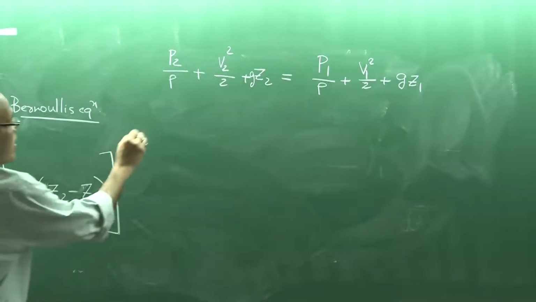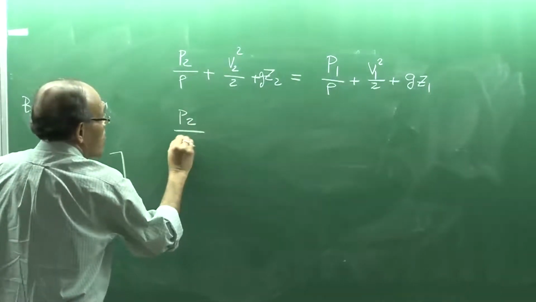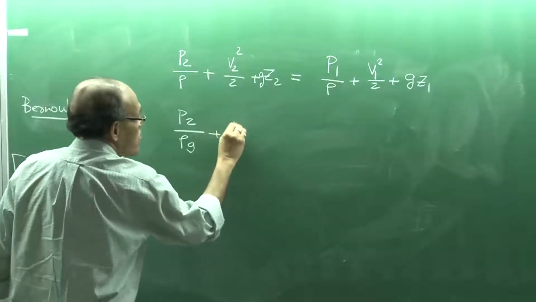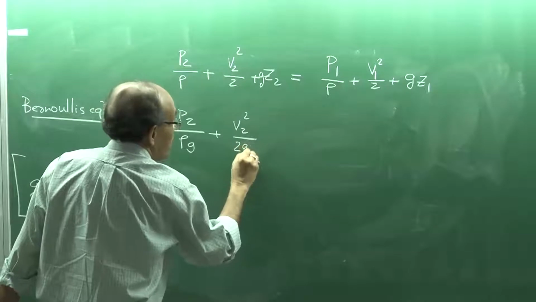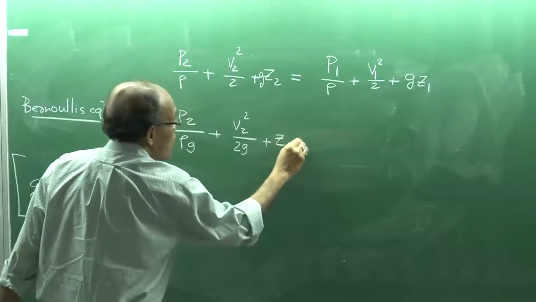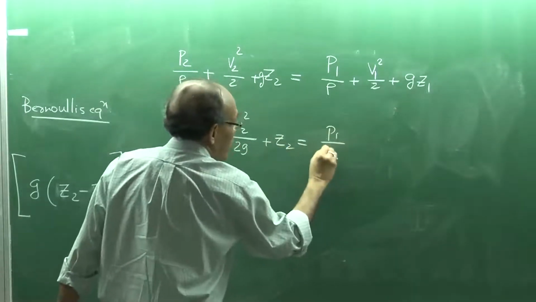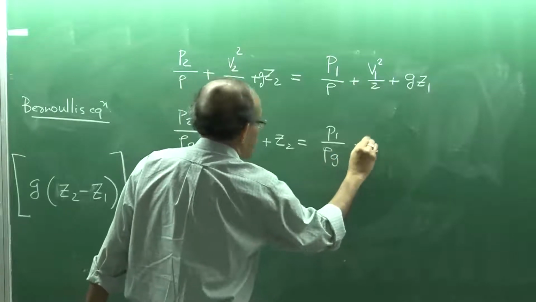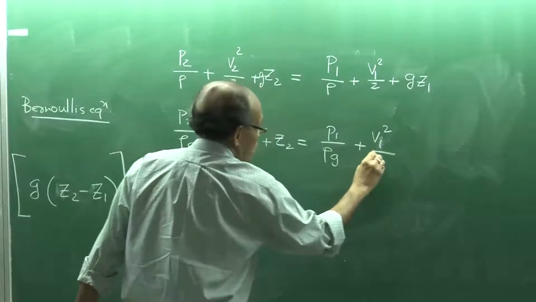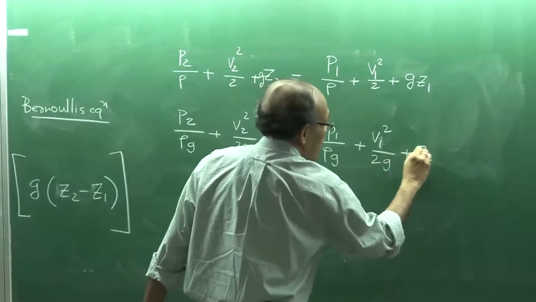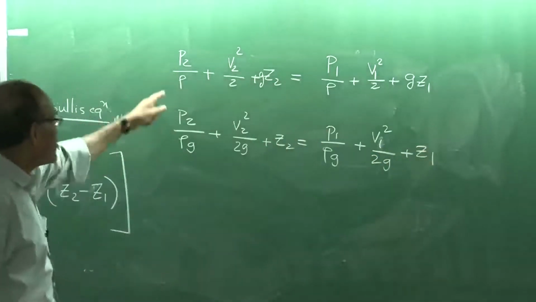Alternatively, this equation can also be expressed as P2 by rho g plus V2 square by 2g plus Z2 is equal to P1 by rho g plus V1 square by 2g plus Z1. One and the same equation.